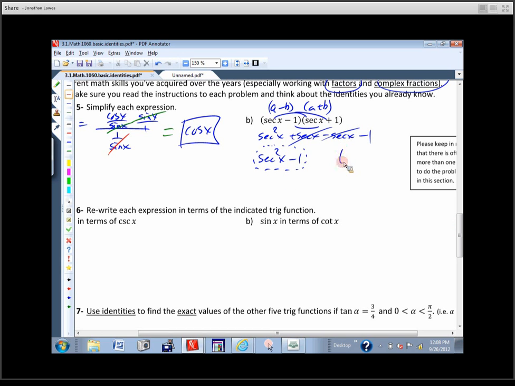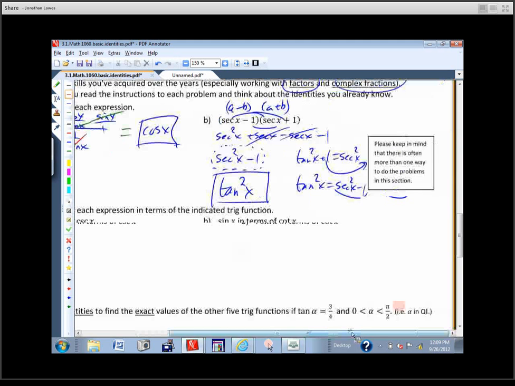So remember, it's tangent squared plus 1 equals secant squared. So if I move the 1 to the other side, tangent squared of x equals secant squared of x minus 1. So wherever there's a secant squared minus 1, what can I put in its place? Tangent squared of x. That right there is the simplified answer. Okay?